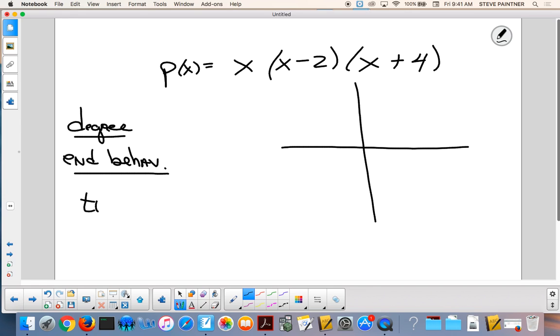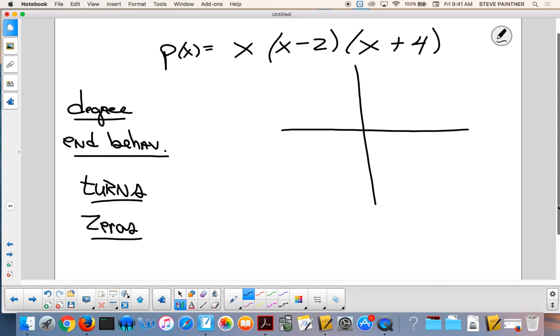How many turns? And the zeros, right? And with the zeros, you want the multiplicity with it, okay? So these are the 5 things you need to know to graph.